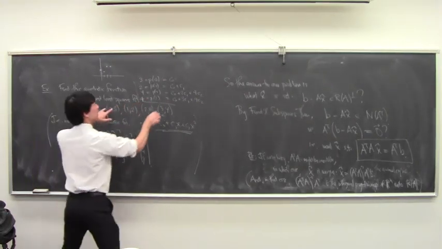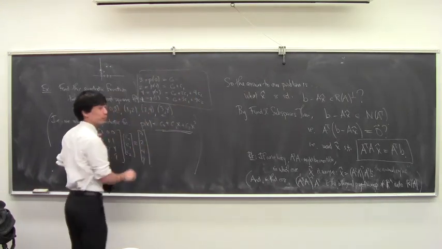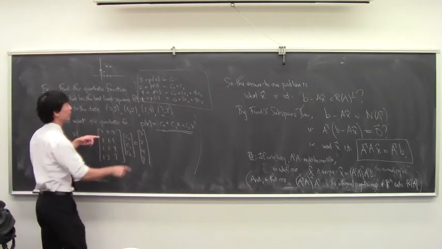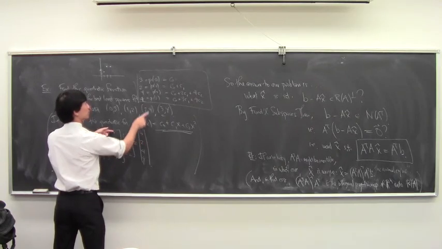Right? So I'm going to take this information and matrix it up. Here it is right here. I want c naught plus 0c1 plus 0c2 to be 3.